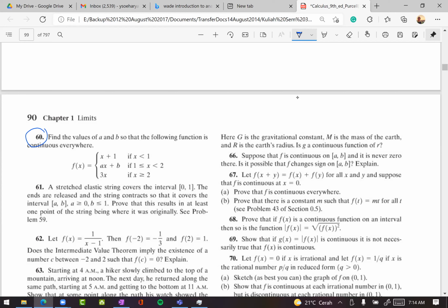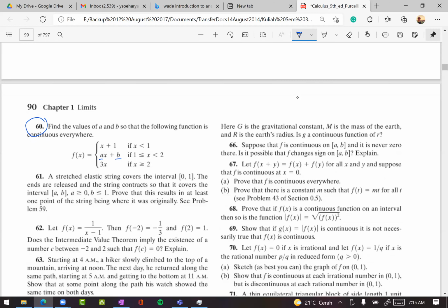Between 1 and 2, there's ax plus b, where a and b are not yet determined. And to the right of 2 it is 3x. Okay, so we have to determine the values of a and b so that the function is continuous everywhere.